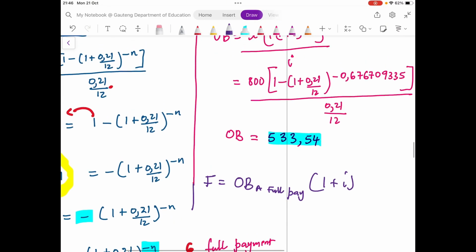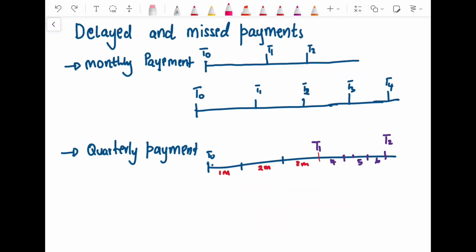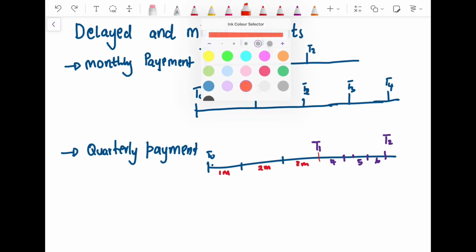So to get our final payment, this is C, we will take this outstanding balance after the last full payment, which is 533.54, into 1 plus 0.21 over 12 for 1 period, to the exponent 1. So our final payment will be 542.88. So this is our final payment.